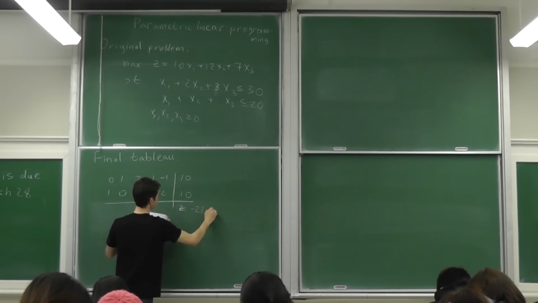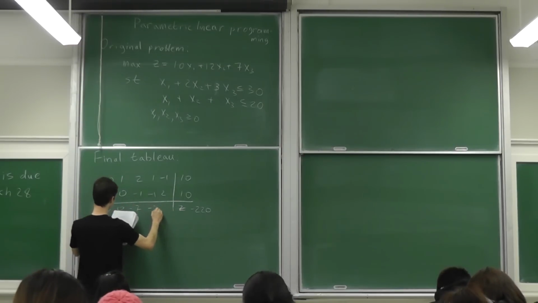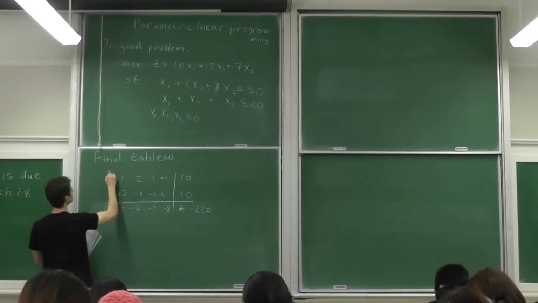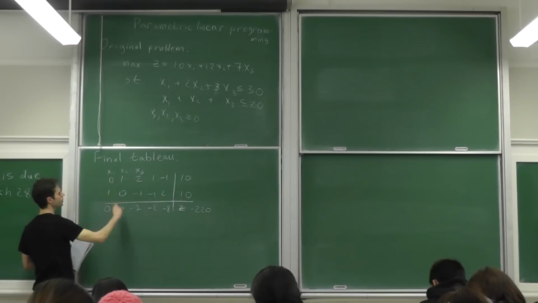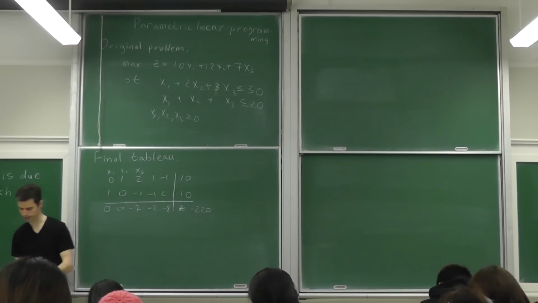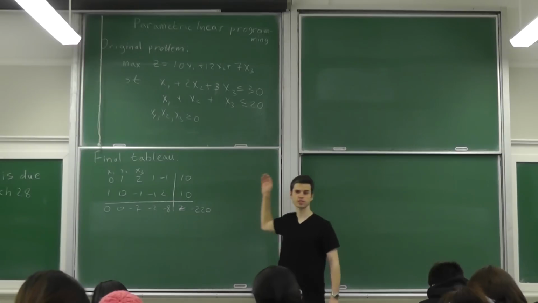The optimum is 220, and the last row is 0, 0, minus 7, minus 2, minus 8. These are the decision variables, these are the slack variables. Alright, so this is a solved problem.